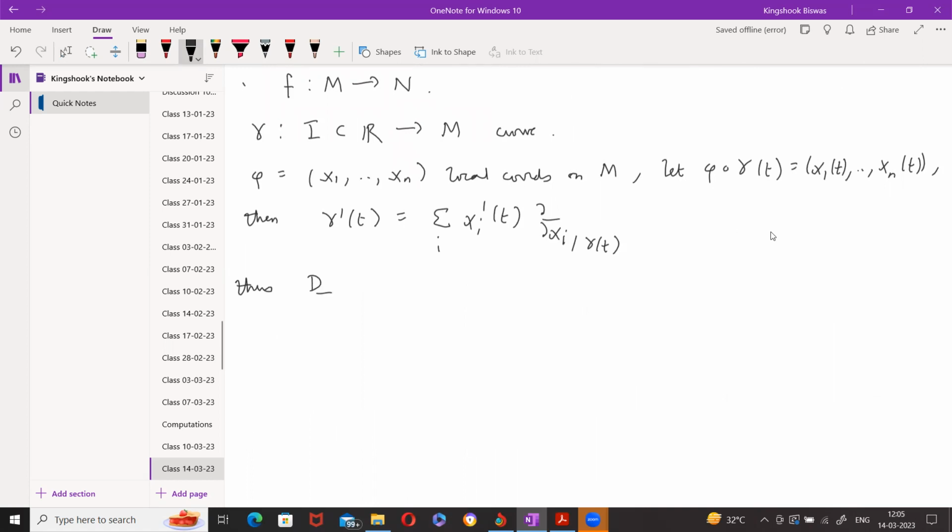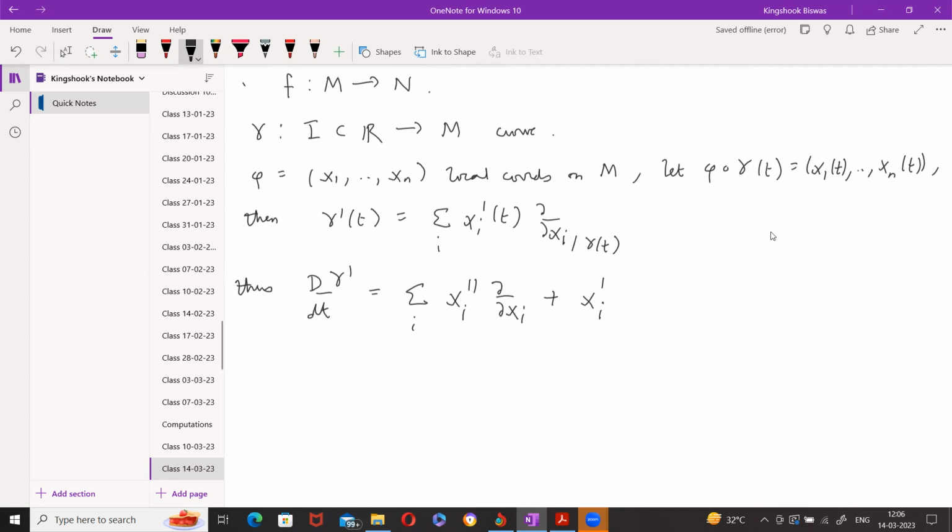Okay. So if I look at the covariant derivative D/dt of gamma prime, then by the rules for the covariant derivative, by the Leibniz rule, it will be the sum over i of xi double prime into del del xi, plus xi prime, and then I have to differentiate this del del xi at the point gamma of t.